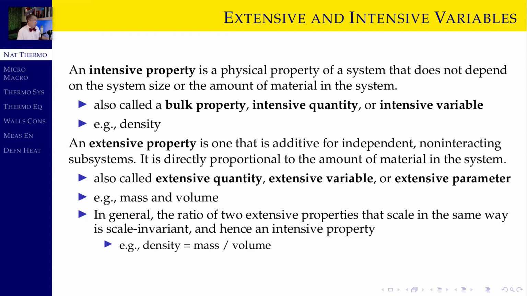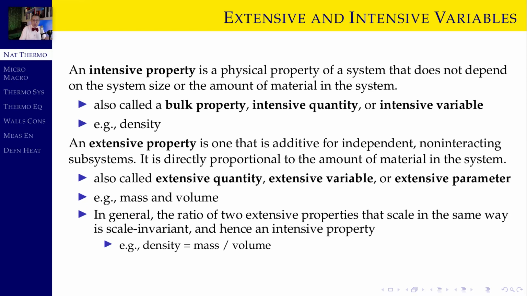On the other hand, an extensive property is one that is additive for independent, non-interacting subsystems. It is directly proportional to the amount of material in the system. For example, if we have very hot water, of course, we would rather that a drop of hot water drops on our skin rather than being splashed by a bucket of hot water.